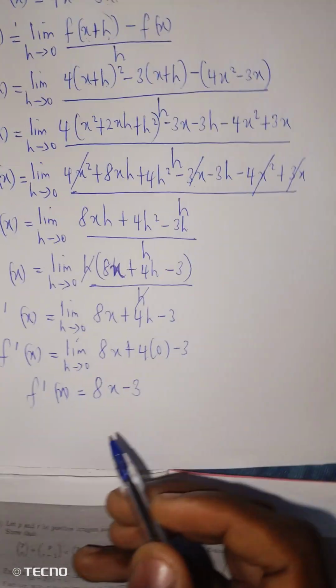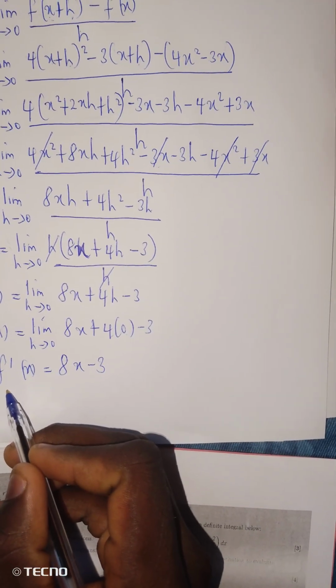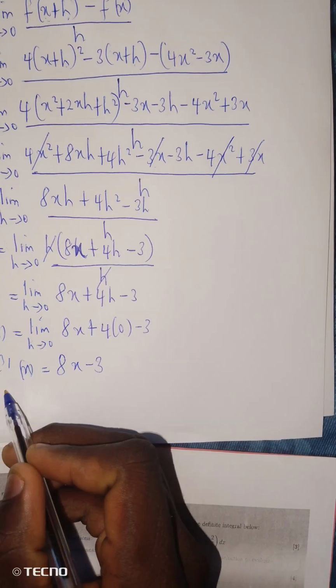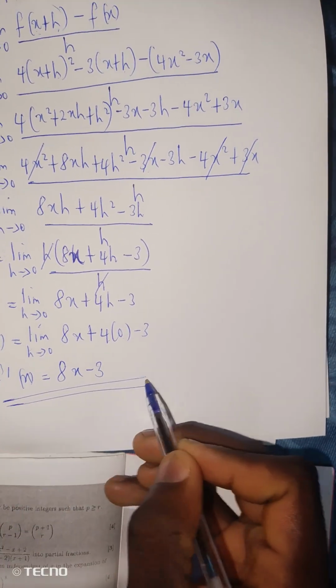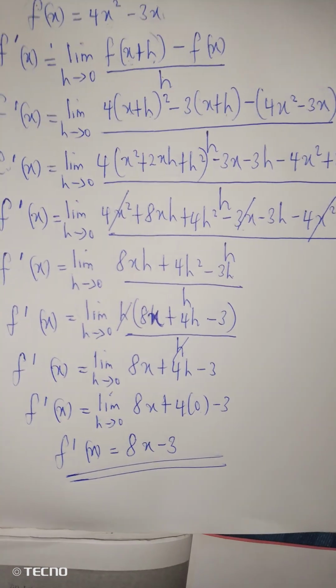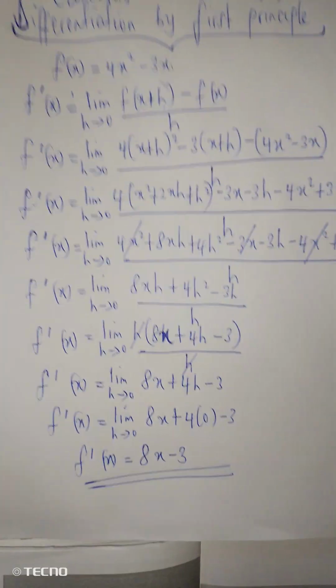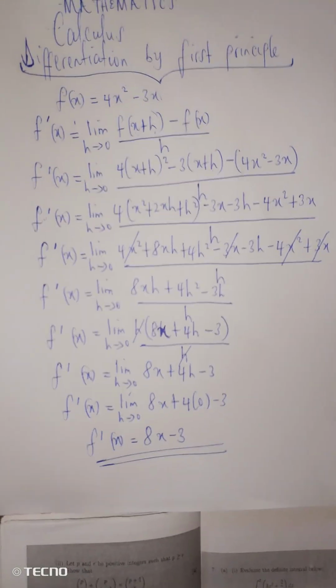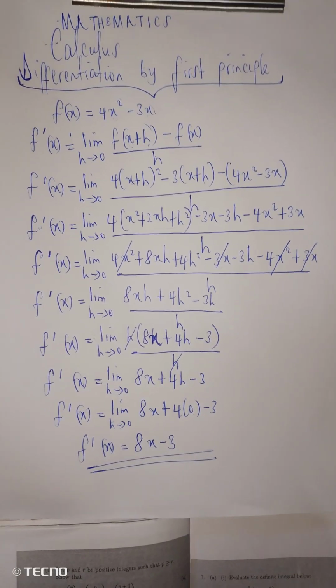So my answer is the derivative of f of x is equal to 4x squared minus 3x is simply 8x minus 3 by first principle. So this is how you can find the derivative.